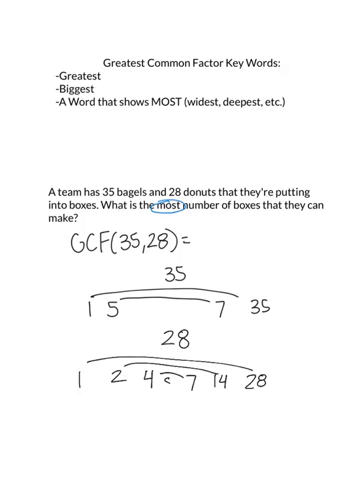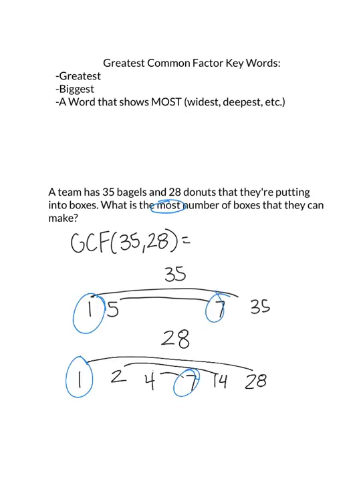Check 5, nope, doesn't work. Whoops, just got rid of my 4 there. Check 6, nope, that doesn't work either. Now 7, I'm back to a number I've already written down, so I have found all of the factors of 28. Now I will find the ones that are in common.